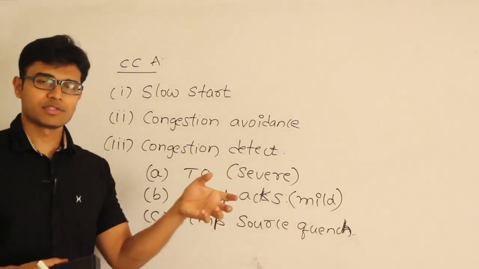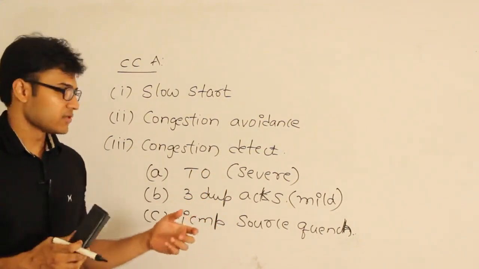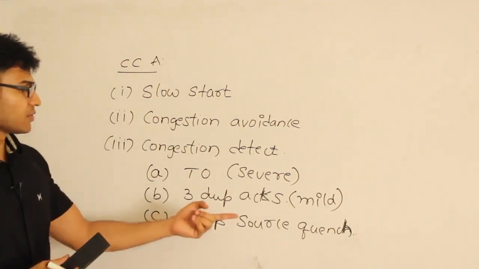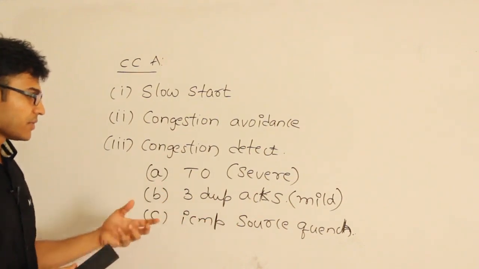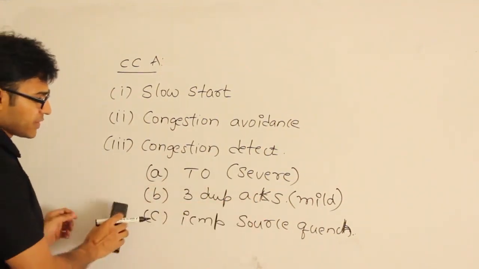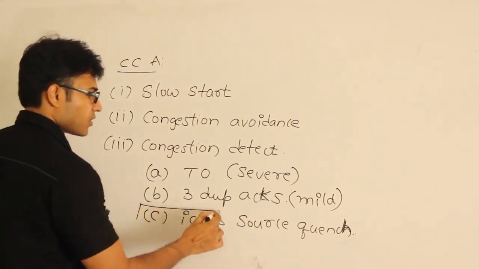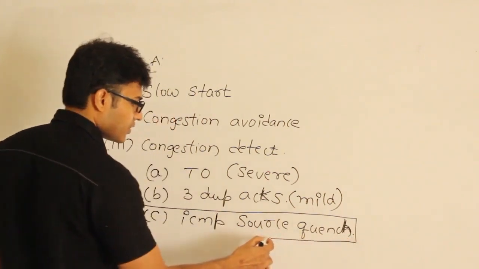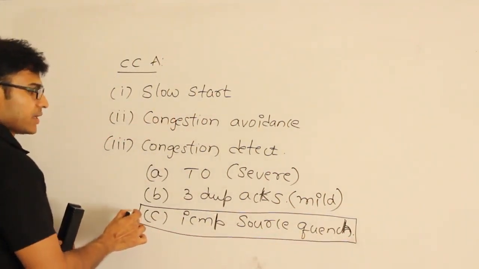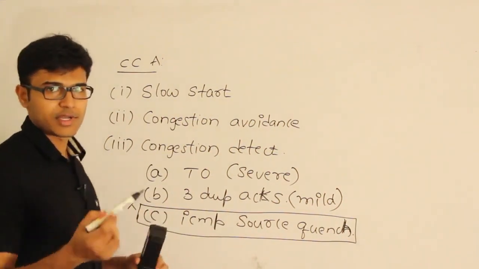When one particular host is very busy, it is going to send a source quench. There is actually ambiguity whether to take it into consideration or not. Most algorithms don't take it into consideration, so I'm not going to consider it in this algorithm, because most implementations are not considering it.